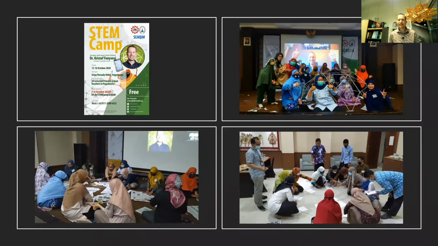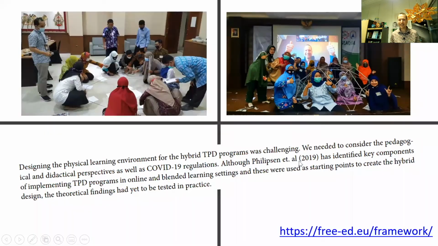So you can see how this setting made it possible even to make this kind of geometric construction. This was made of newspaper. This is called a geodesic dome in mathematics, science and engineering. So even this kind of activity was possible.